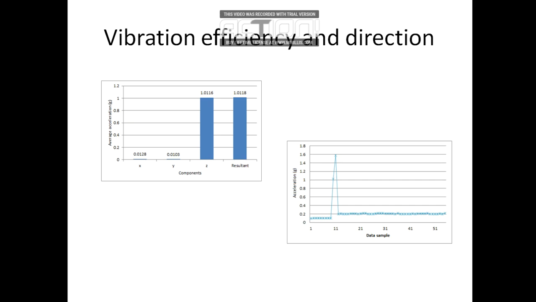The assessment shows that the z-axis has the highest vibration acceleration, and then the characteristic of vibration sensor is that the detected vibration occurs only once during the monitoring. So the source of vibration characteristic is sporadic.